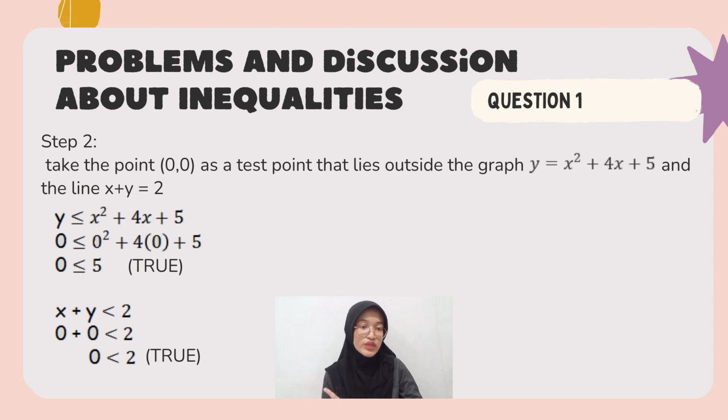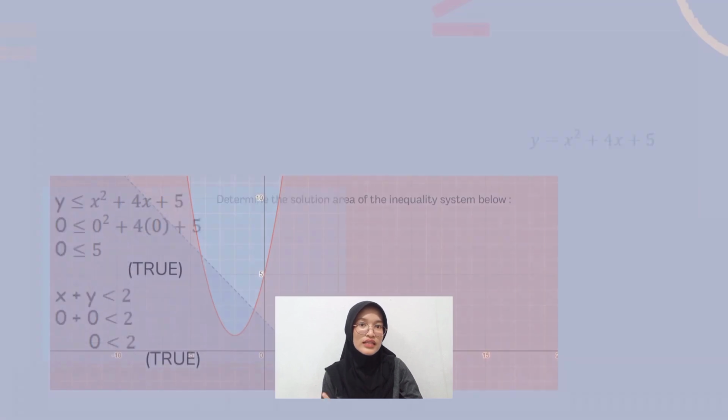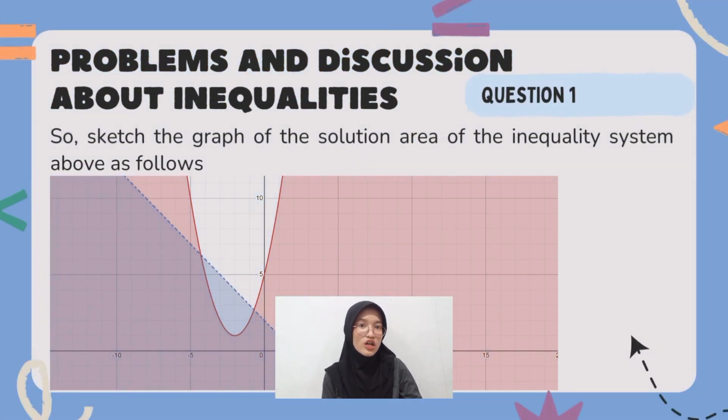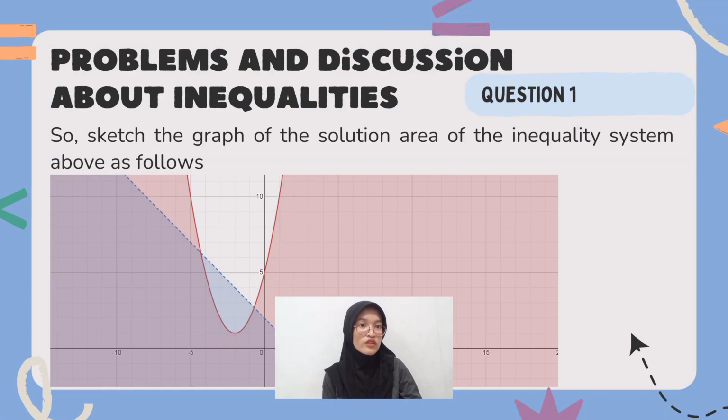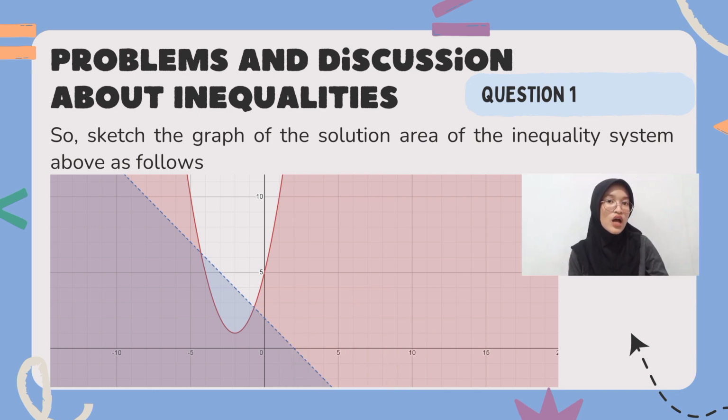So we get 0 plus 0 less than 2. So we get 0 less than 2. Is it true? So this is the sketch of the graph of the solution area of the inequality system above as follows.